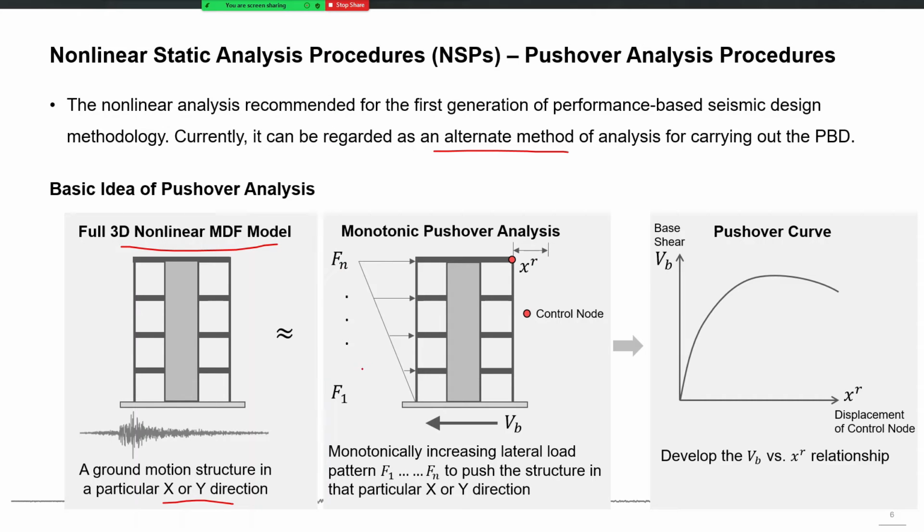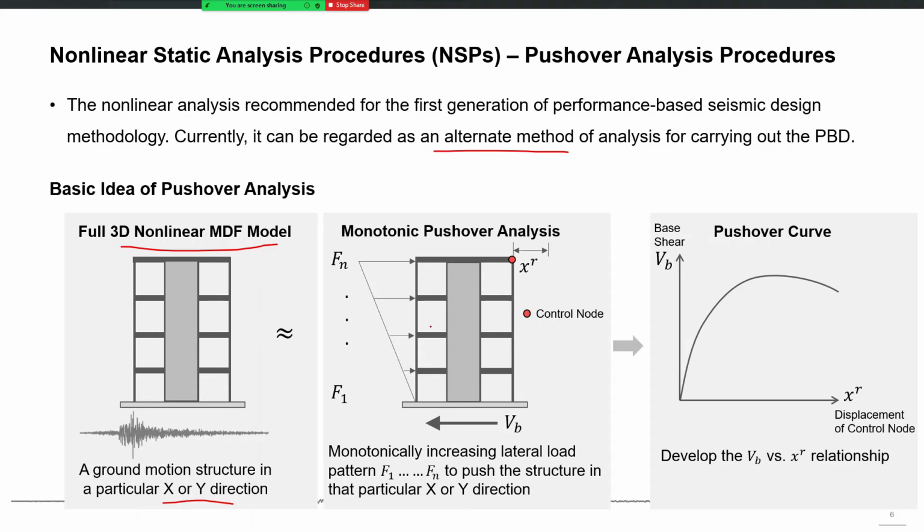So the analysis engine starts this pattern from a very low value and applies the increments, a monotonically increasing pattern, and at a certain level the building starts behaving inelastically, because in the first few increments the building will behave elastically, but then when the elements start yielding and cracking and all nonlinear effects start coming in, the overall behavior of the building goes into the nonlinear range.